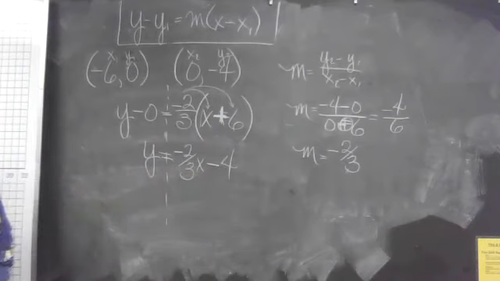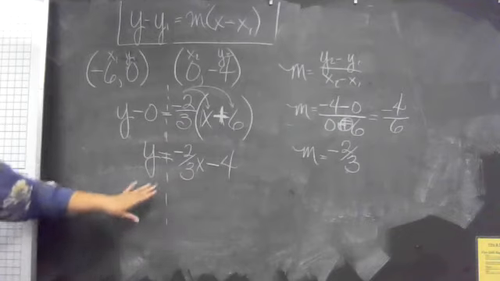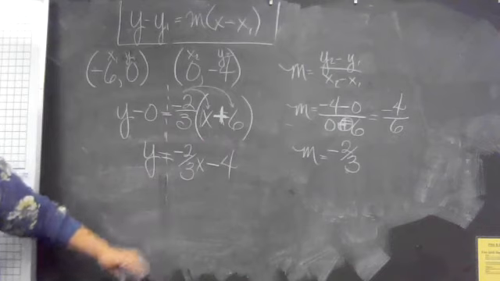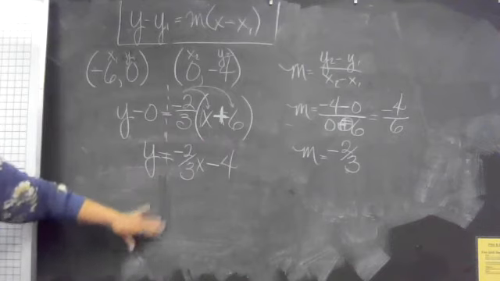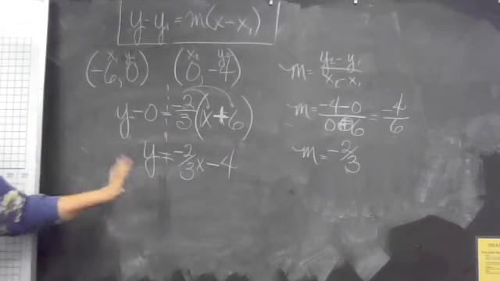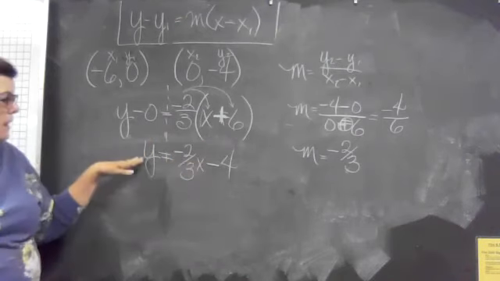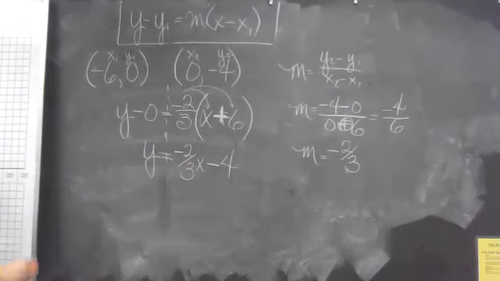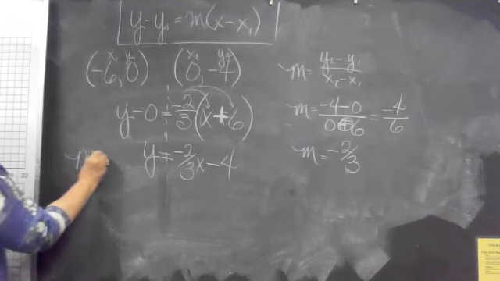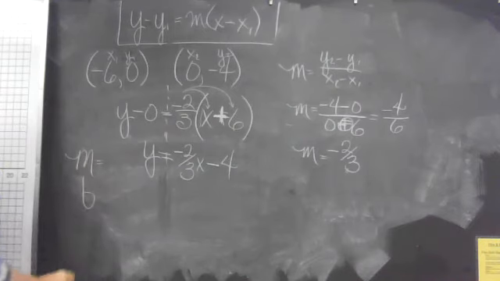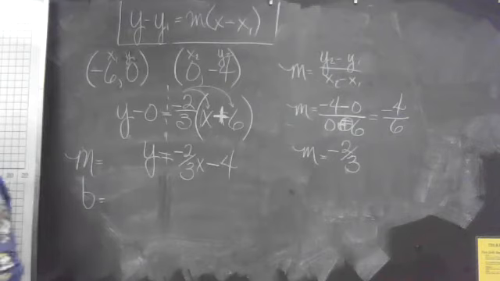Y'all see it? Okay. How about we graph this and see how close it gets? This takes yesterday's lesson. Out of this equation, I need you to tell me what is the slope and what is the y-intercept. What's the slope? -2/3.